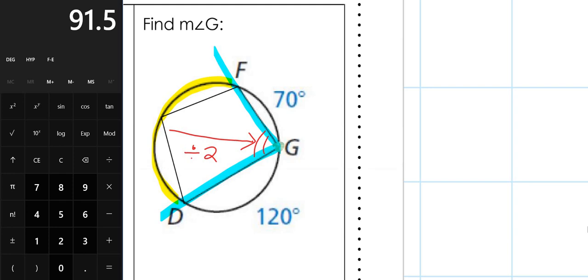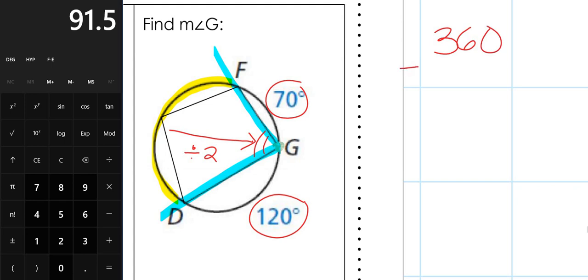Okay, so let's figure out what that yellow piece is. Now, I don't have the two yellow pieces. What I do have is 70 and 120, which make up the rest of the circle. So I need to think about, well, what is the entire circle equal to? An entire circle is 360 degrees.